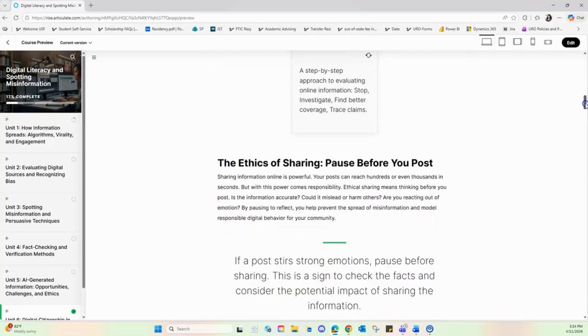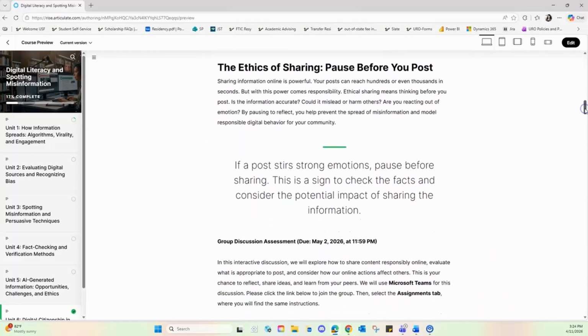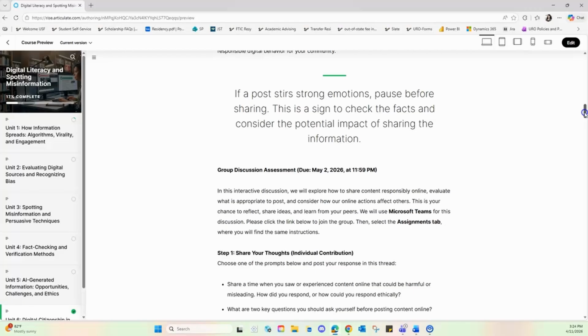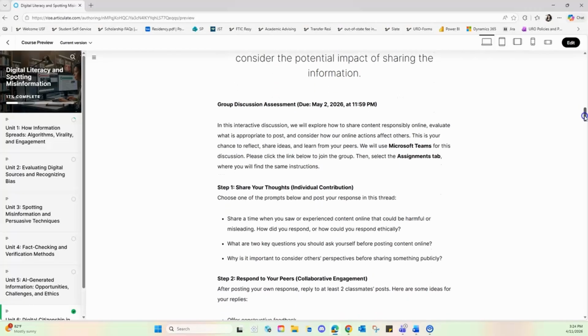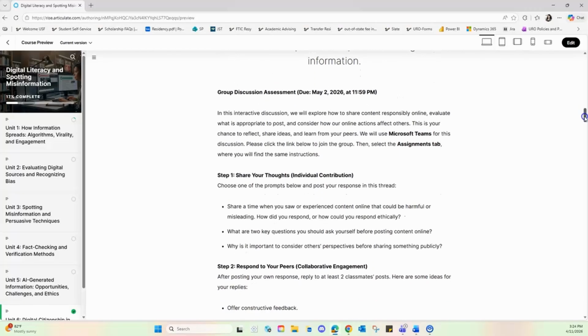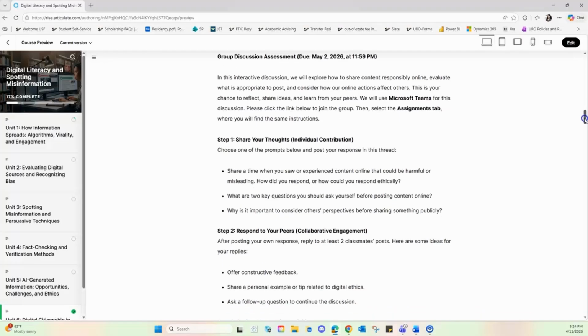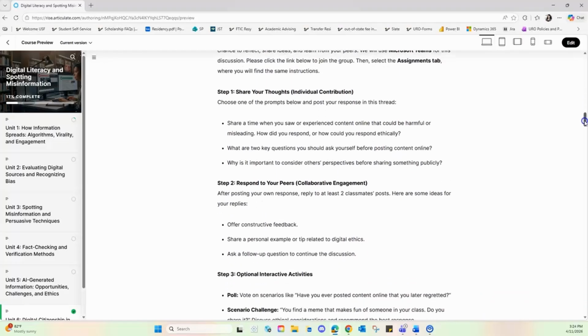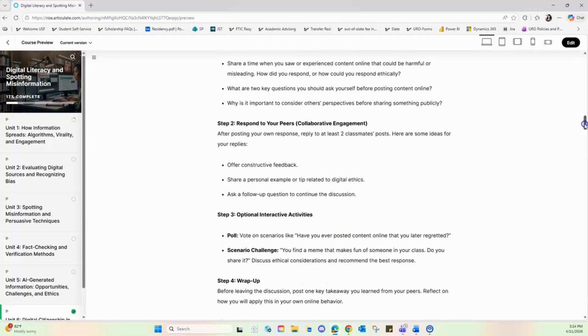Sharing information online is powerful. To help students connect this to real-world situations and better understand the impact of their actions, we use the activity "The Ethics of Sharing: Pause Before You Post." We first ask students several questions to capture their attention.